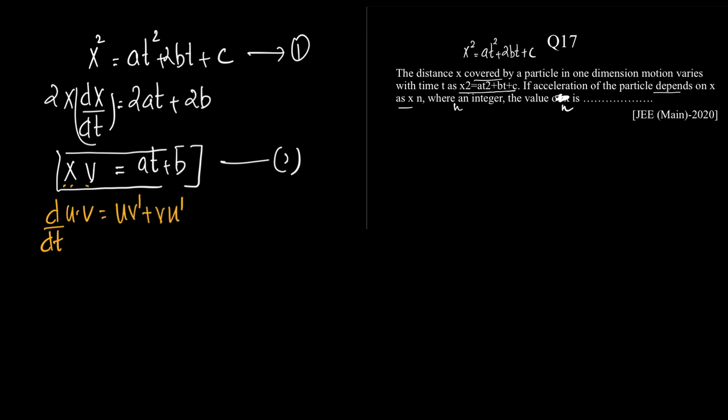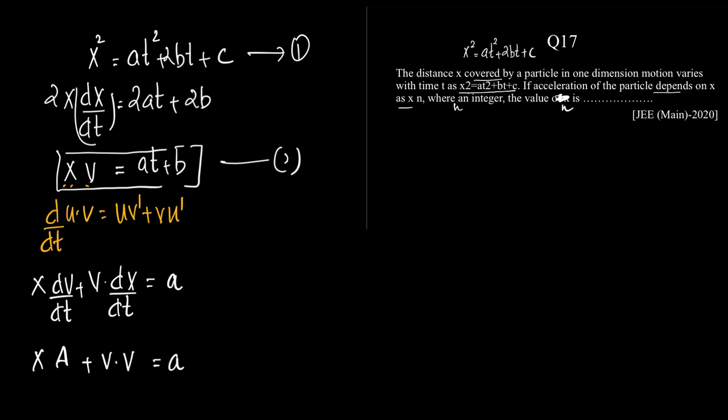So first into derivative of second plus second into derivative of first is equal to derivative of at plus b, which is a. So this becomes x into dv by dt, which is acceleration. If I use a again here, we'll let capital A, plus v into dx by dt, which is v, is equal to a.